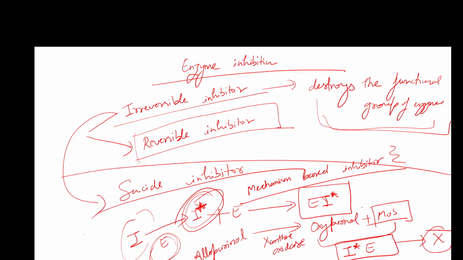So this oxypurinol is a more potent inhibitor formed with the help of the enzyme itself, xanthine oxidase, from the allopurinol inhibitor. Allopurinol is also known as an anti-gout drug. Okay, so this enzyme xanthine oxidase.